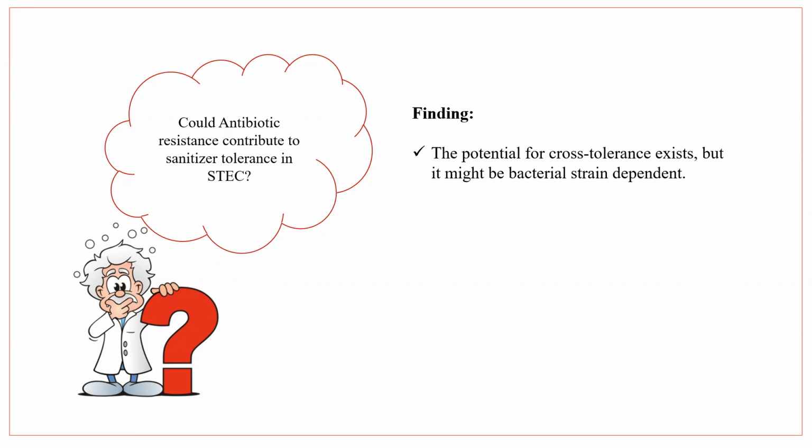When you look at something like Salmonella, there are over 2,500 serovars of Salmonella. And so it is possible that each serovar can behave differently from the other. So let's say if you're looking at something like Salmonella typhimurium, you might have a different response in terms of antimicrobial cross tolerance than something like Salmonella enteritidis.